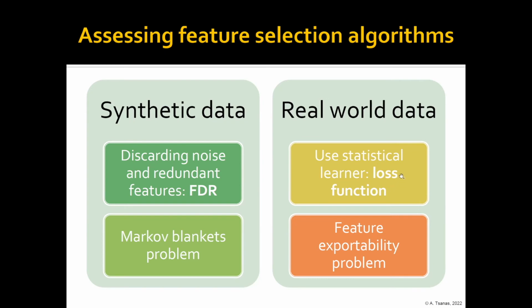On the basis of the combination of the feature selection and the statistical learner, you're trying to infer if the feature selection was actually quite useful. Again, the problem there is that you may have feature exportability, meaning that depending on the statistical learner, you may have different results. That is quite crucial to keep in mind.